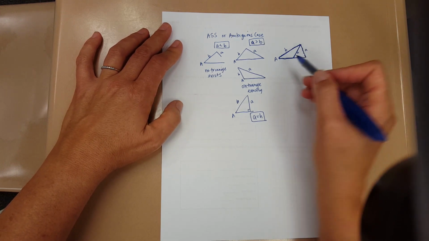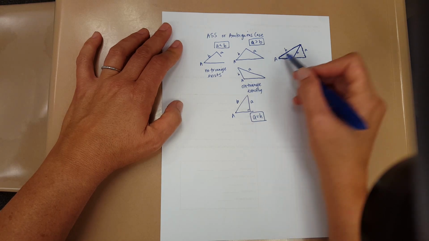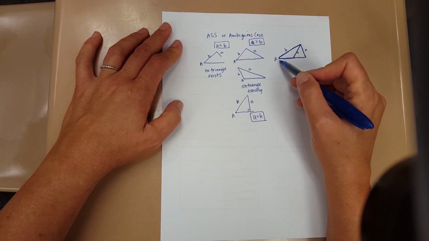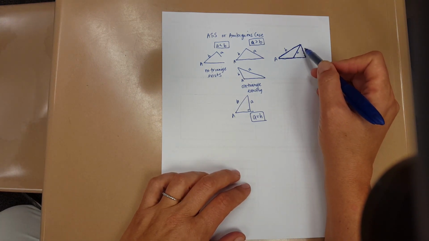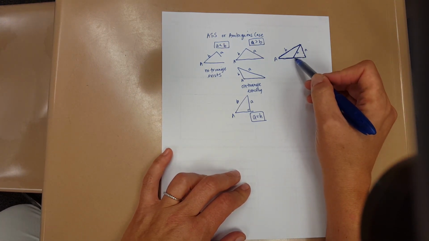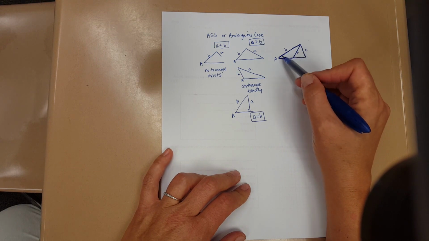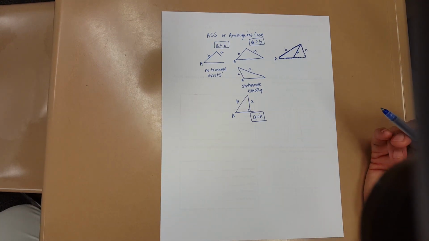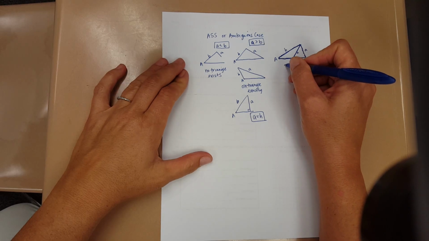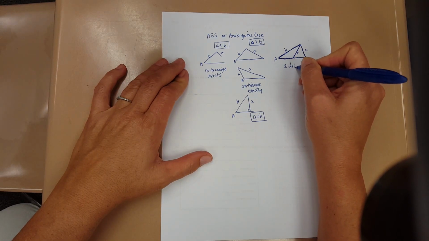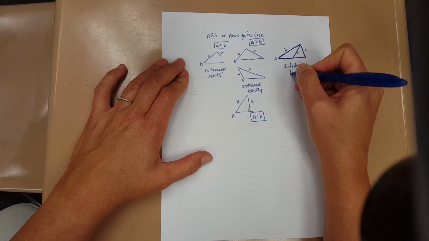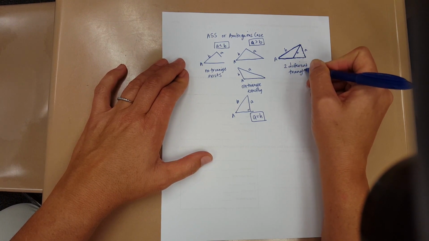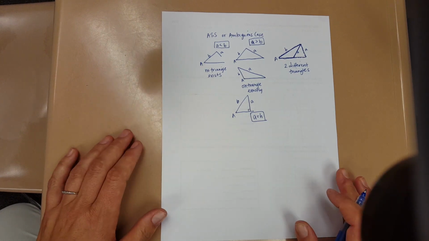We are interested in the two triangles that both have angle A and side B. So we've got the obtuse triangle, and we've got the squiggly line triangle here. Those are two different possibilities. Two different, totally unique triangles.